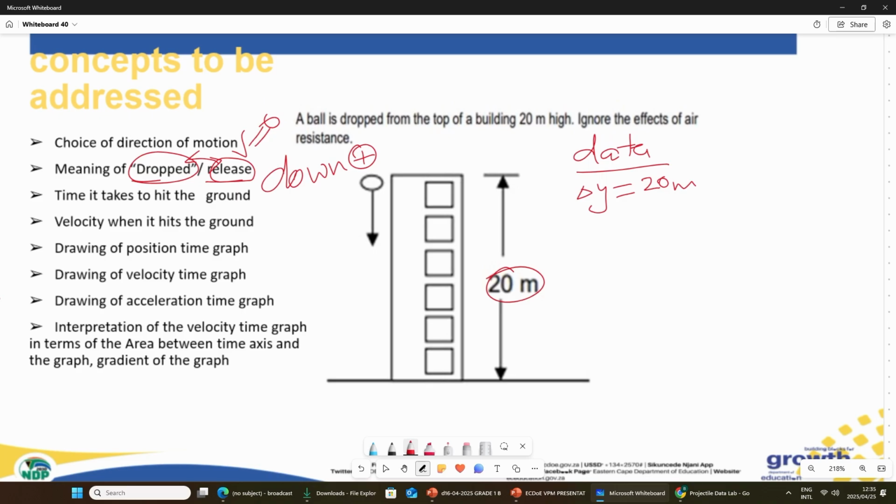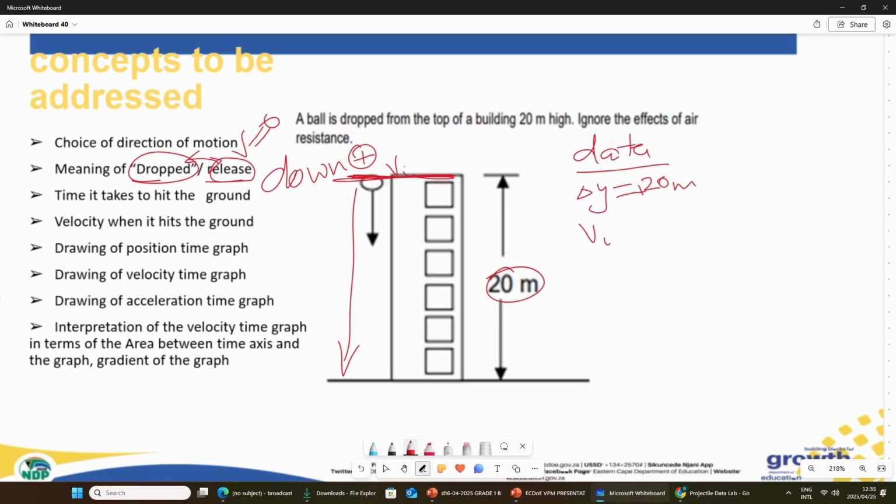In this case, the 20 meters is positive because this is going to be our initial position. The height of the building is down from the initial position. So if it is down, that means delta y is going to be positive, okay?